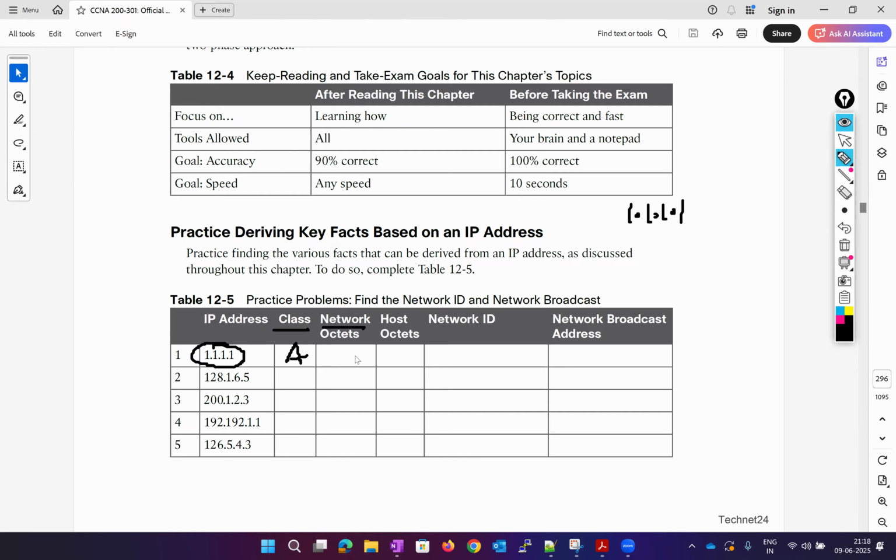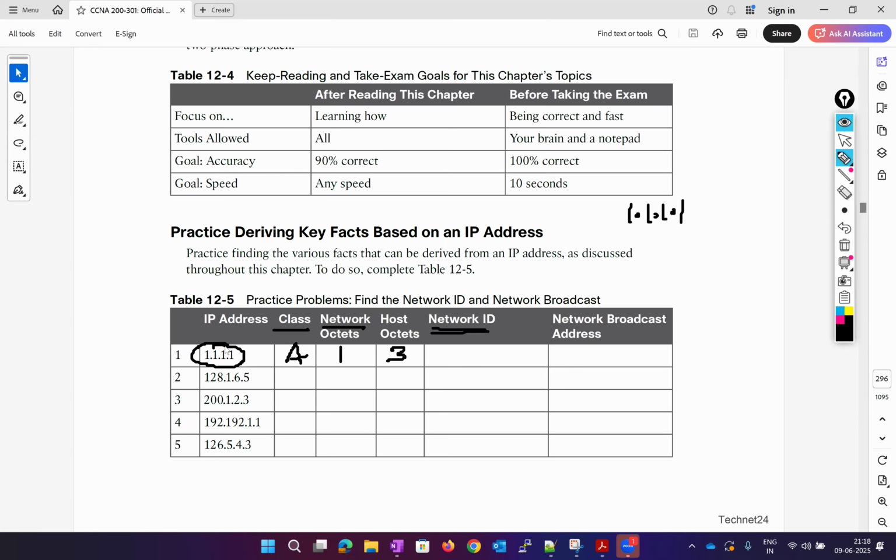How many network octets are there in class A? Only the first, right? It's class A. So one network octet, three host octets. Then find out the network ID.